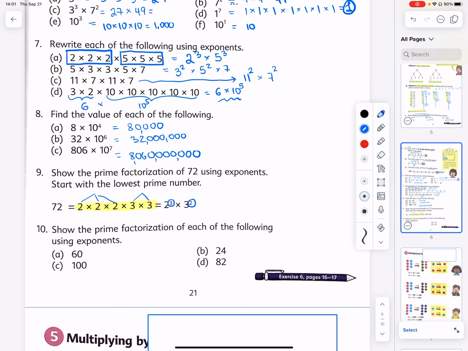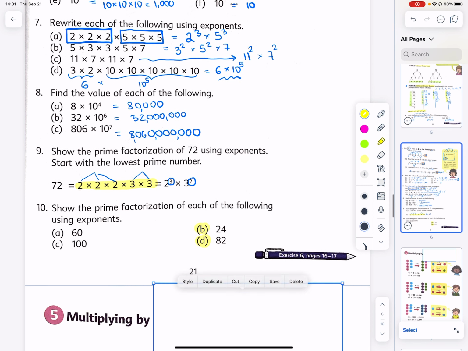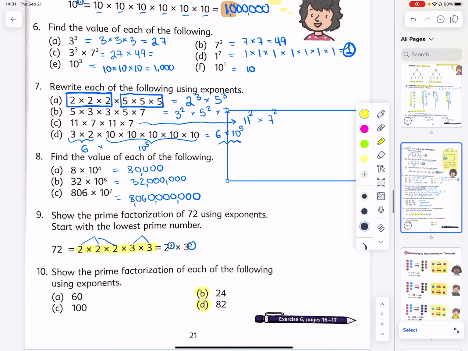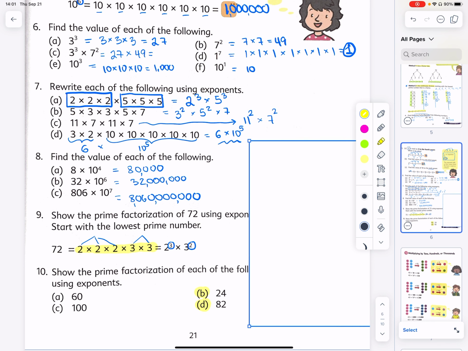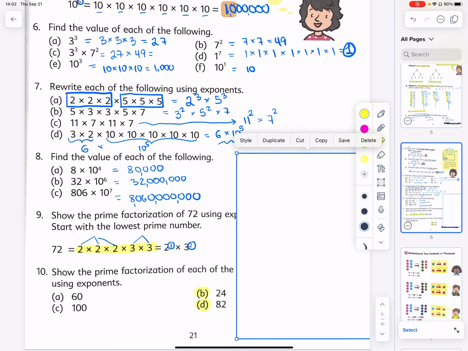Now, this particular exercise number 10 will take us some time, and I will solve examples B and D for you, my friends. So here is my little whiteboard. I'm going to make it this way so I can write down prime factorization.